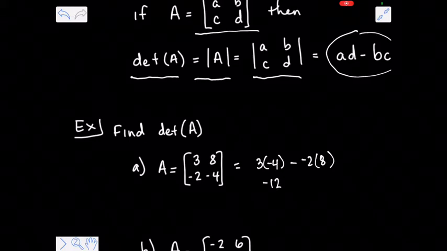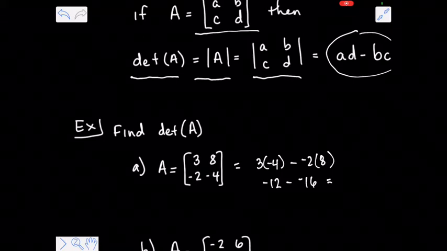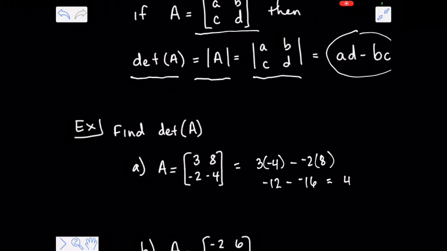So this is negative 12 minus negative 16, or negative 12 plus 16, which is 4.